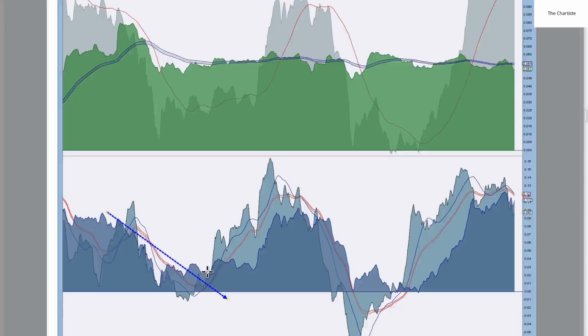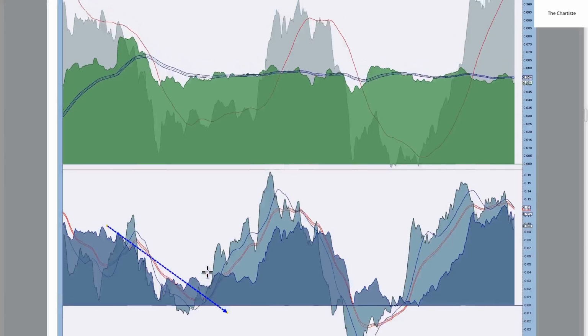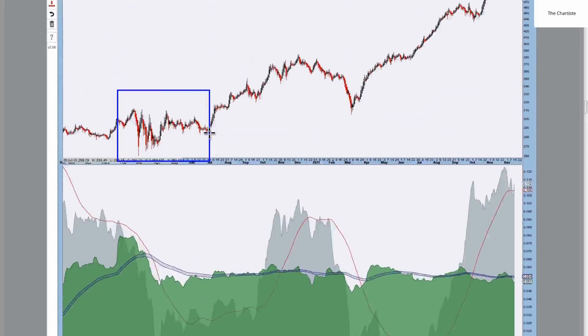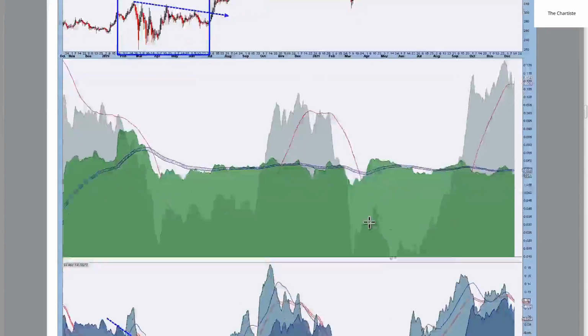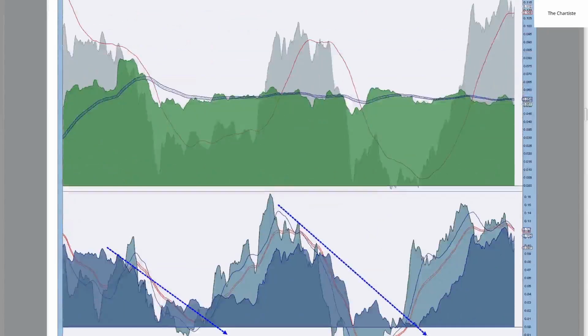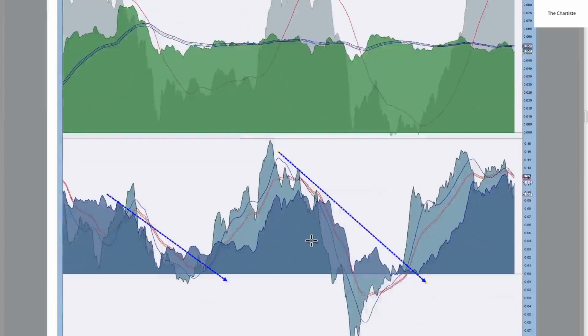It's moving above averages, and it's confirming that break right here. Same situation around here. You have clear trends, breakouts, you have moves above the zero line, you have moves above moving averages.